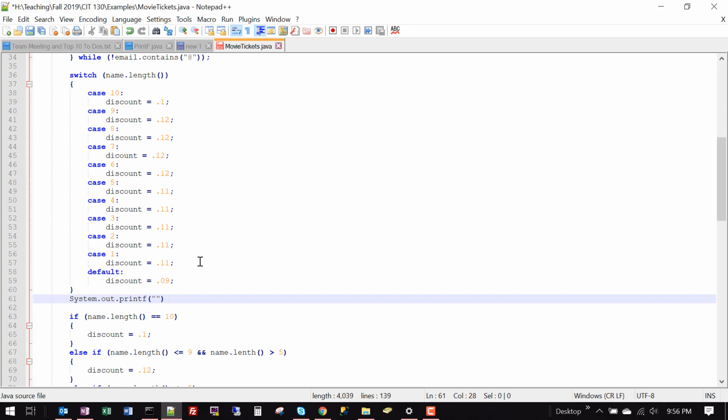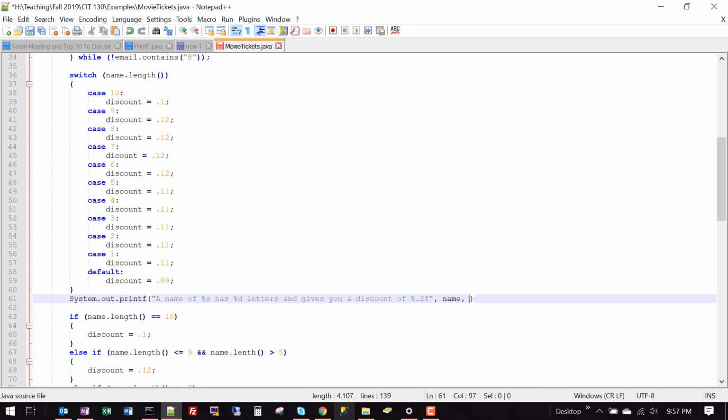I want to go back to our printf and say a name of %s has %d letters and gives you a discount of %.2f.